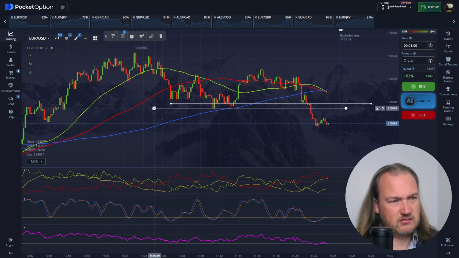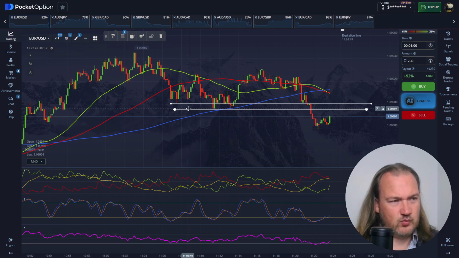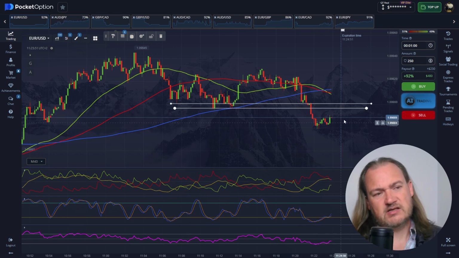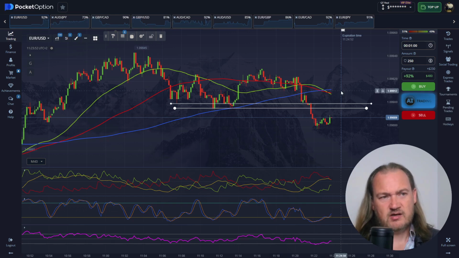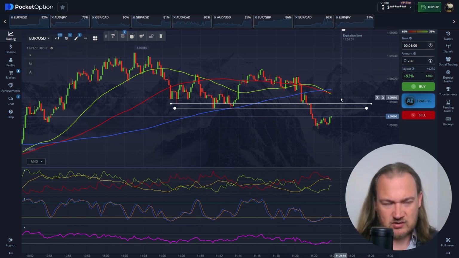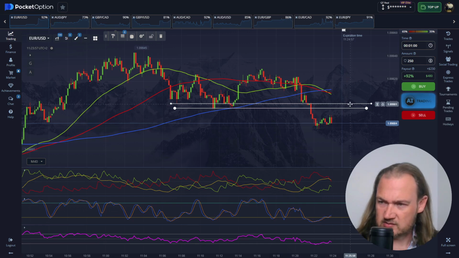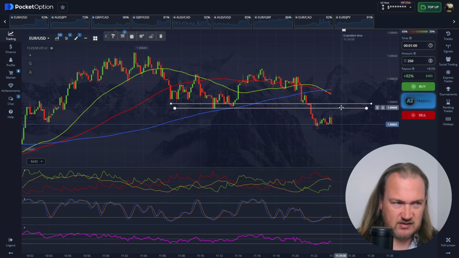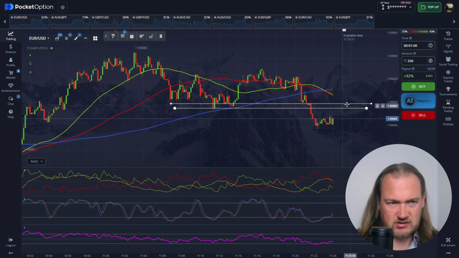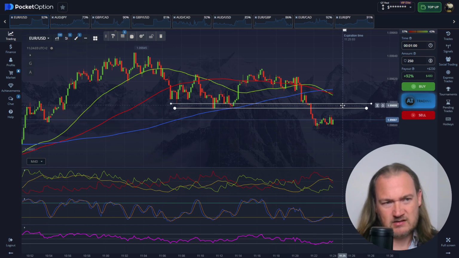When they start coming together like this, I would wager good money that price is going to hit this area where the 50 and the 100 coincide with this resistance area. It was a support line, but it's now a resistance area.